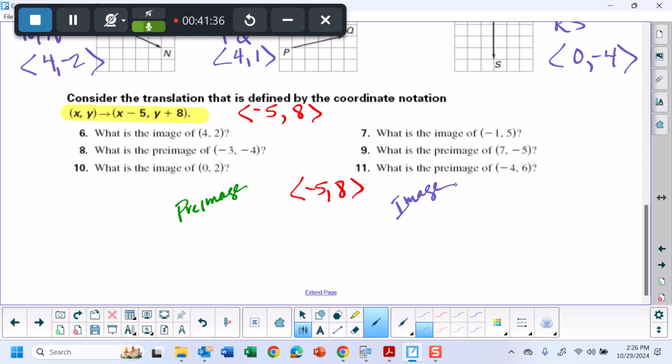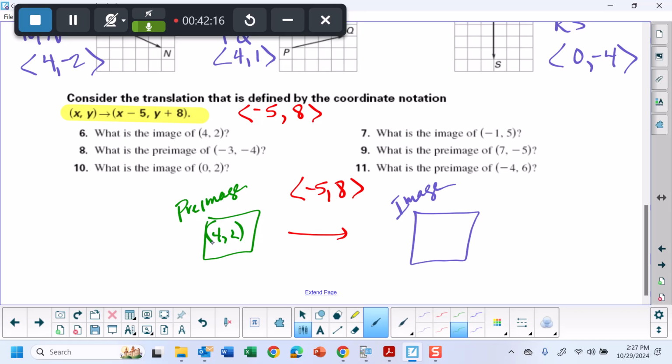If you look at these, we ask you for the image, the pre-image, the image, the image, the pre-image. So you have to carefully think about what it is you're given and where that vector is going to result in your point moving around the coordinate plane. If they ask me what is the image, that means that 4, 2 must be my pre-image, because they're asking me what is the image.